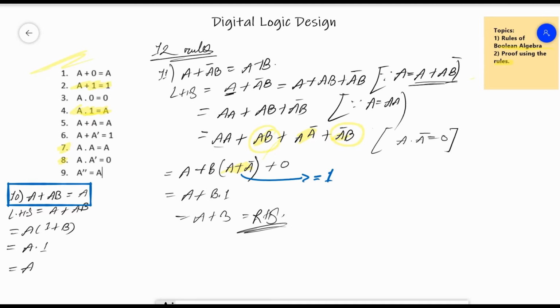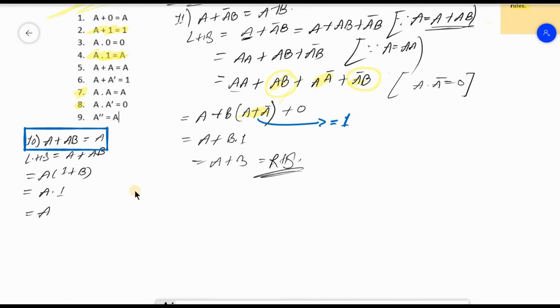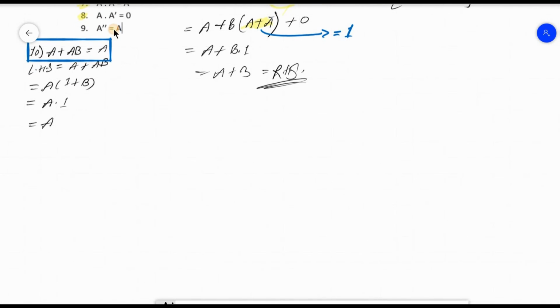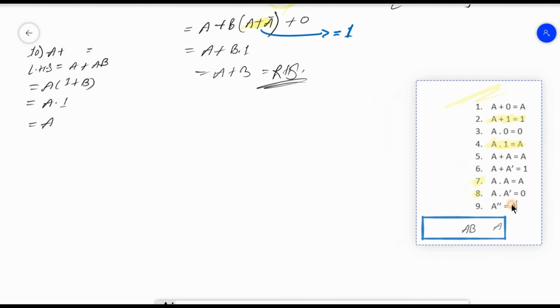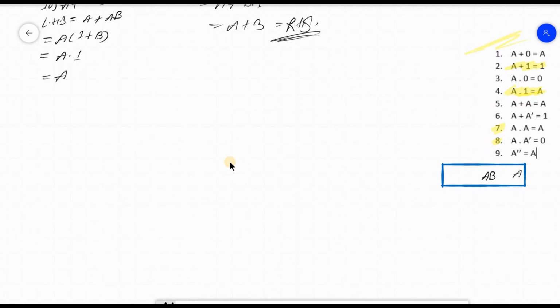Now rule number 12 is going to be a bit longer and we will require all the basic rules for it. So let me take more space and I will bring the basic rule chart here. In rule number 12 we have to prove that A plus B into A plus C is equal to A plus BC.